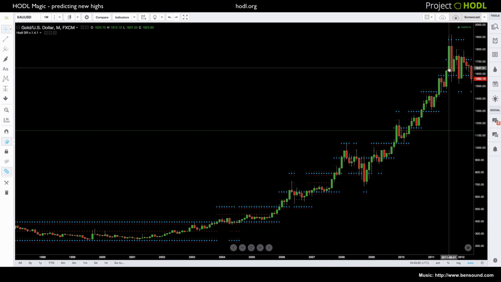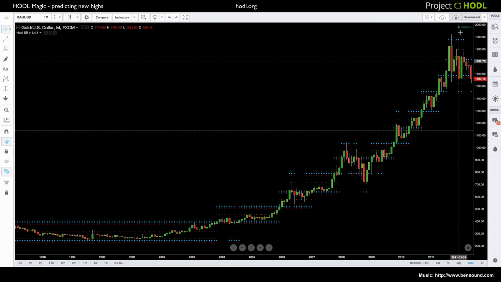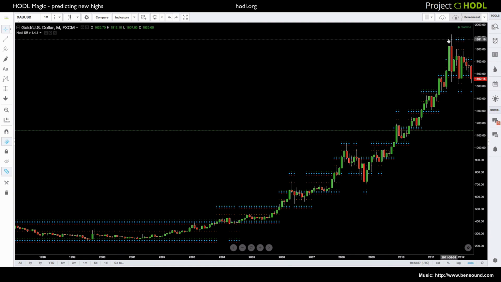You can test this, try it, and switch to lower time frames, and you will see that all those levels play a role in price. And this is a little HODL magic I wanted to show you. Even for prices that are just new highs, the HODL SR can predict the levels quite accurately.